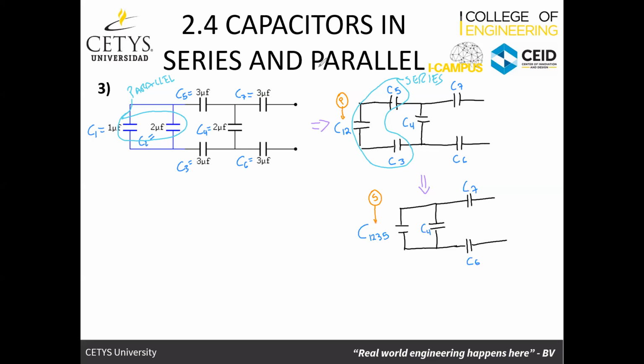Now, in this new circuit, is there anything clearly in series or in parallel? Parallel? Which ones? C1, 2, 3, 5 and C4. Correct. These two are in parallel, and we're going to redraw this.